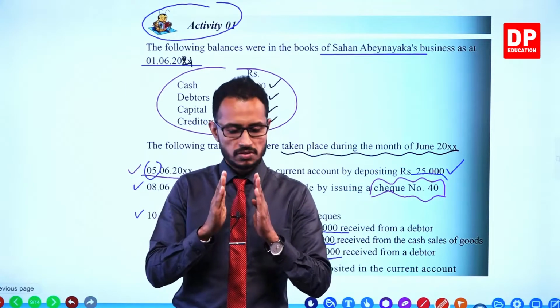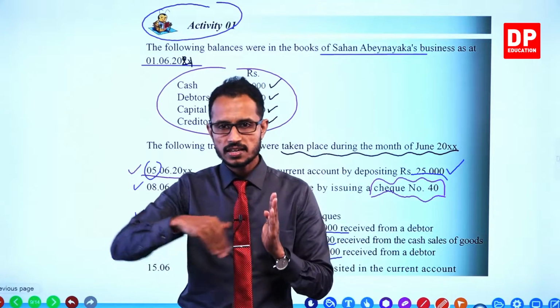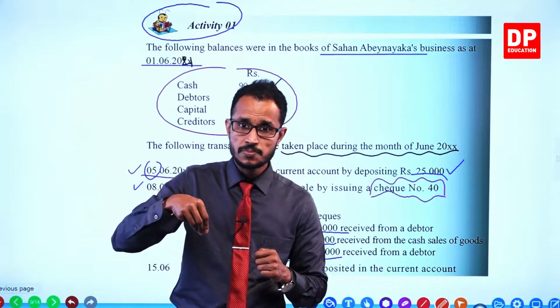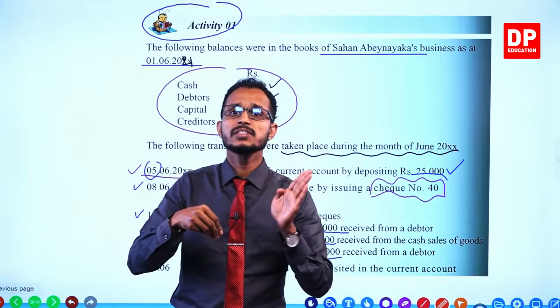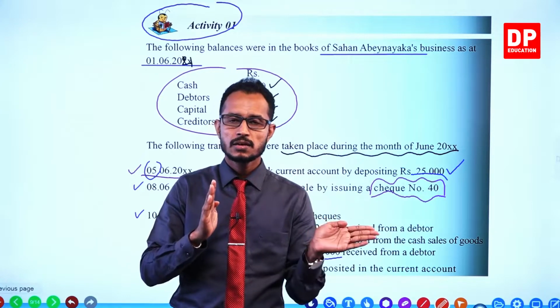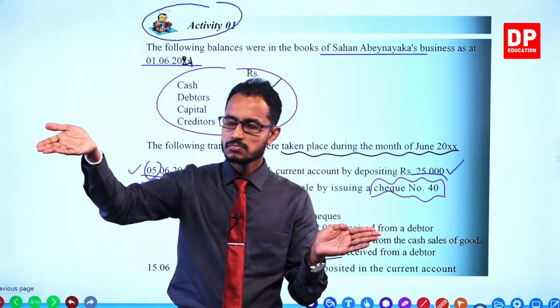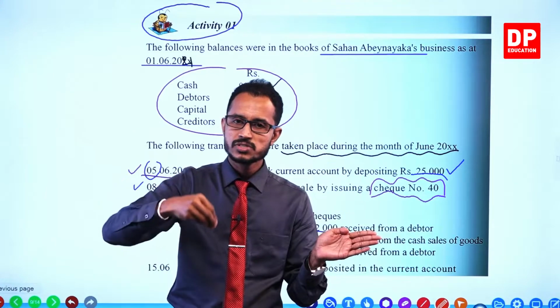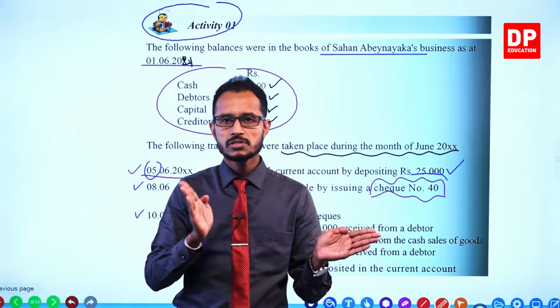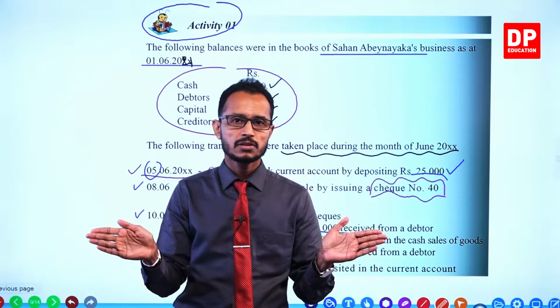That simply means, children, we are sending out one check which was in the cash till, in the cash register. So cash at hand decreases, cash book credit. Bank balance increases because that check goes to the bank, so bank debit.